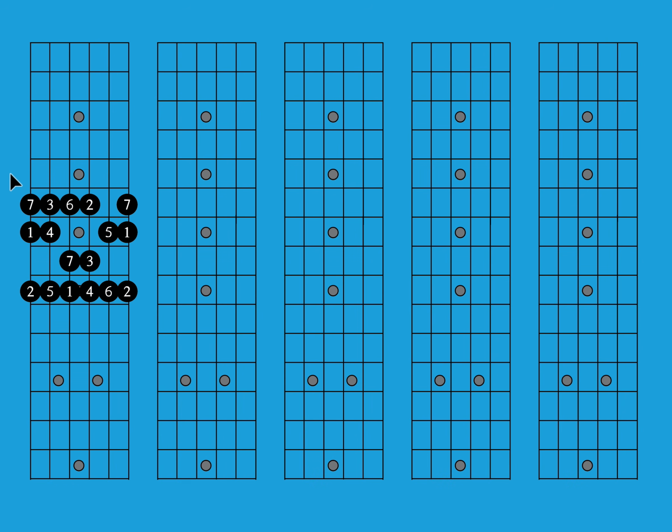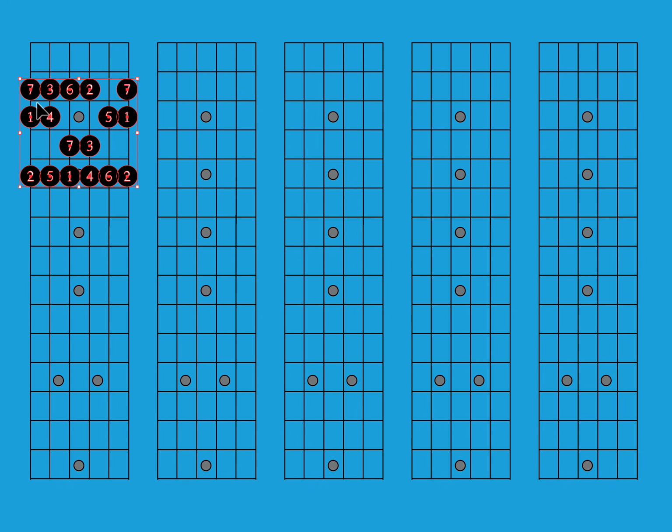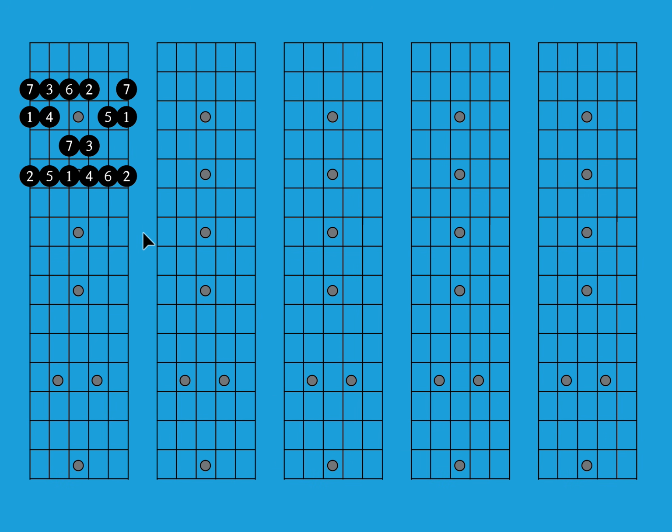If a note is indicated as the 1, then all of the other ones fall into place. So I'm going to bring this up to here because I like doing this in G, but again, it's more a matter of their relationship to one another and the shape.